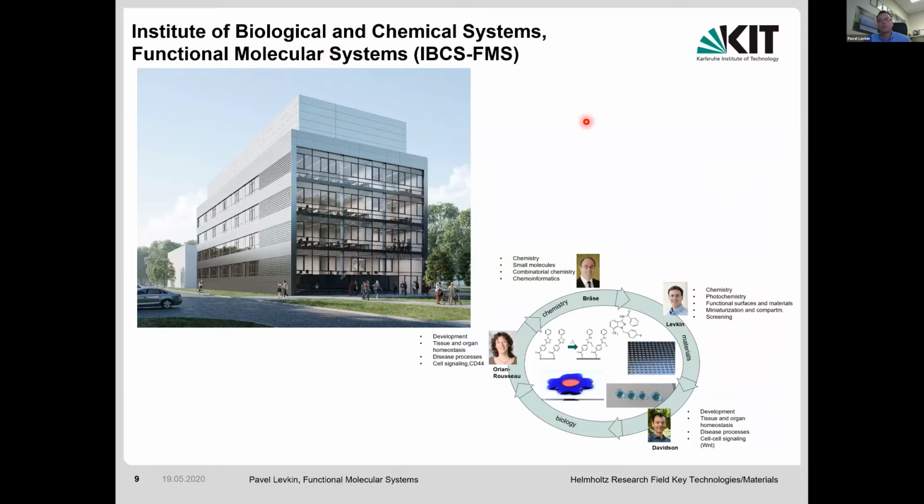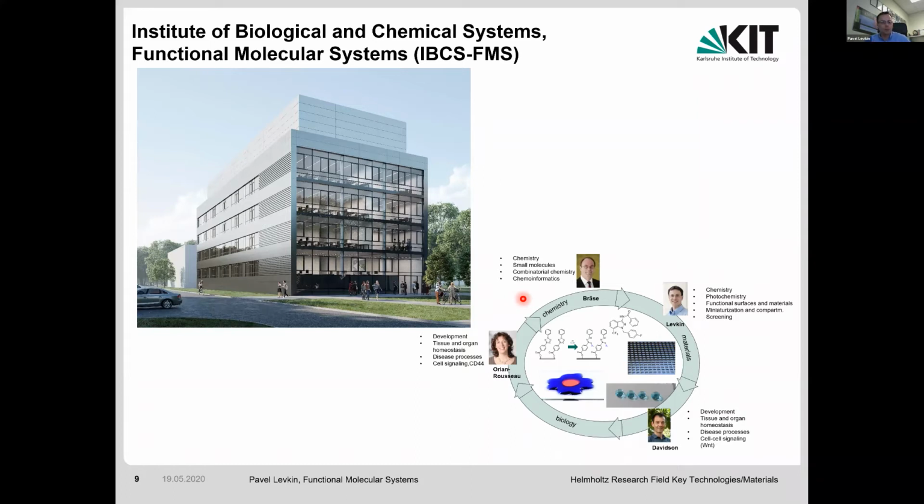It's a new institute at the KIT, and it contains several groups, including chemists, material scientists, and pure biologists, and we're working in the same building, trying to solve biological problems using materials and using chemistry.